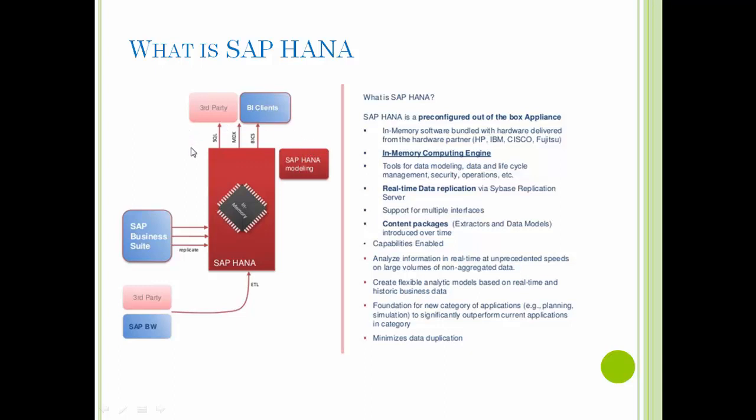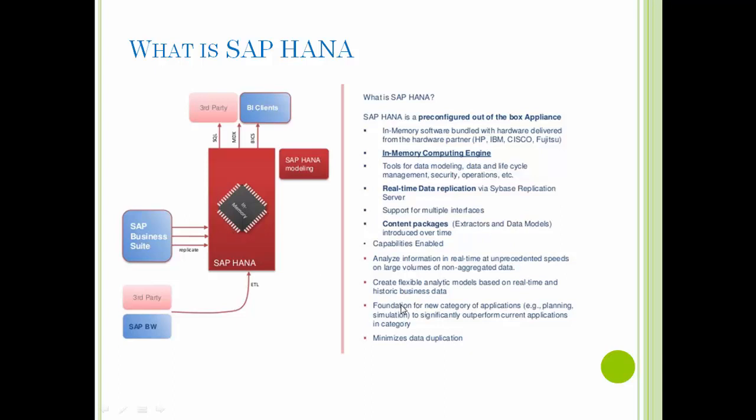Multiple interfaces are available so that multiple clients can connect to SAP HANA, do reporting, consume data, do faster analysis, and can consume content packages like extractors, data models, any new packages, new delivery units developed can be consumed on SAP HANA, can be deployed.